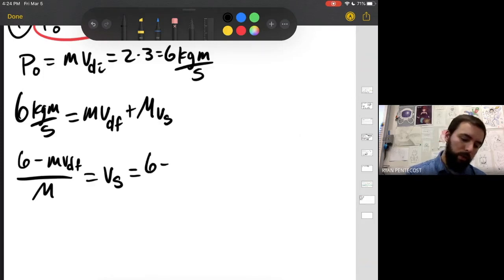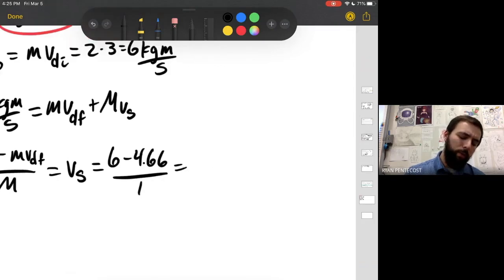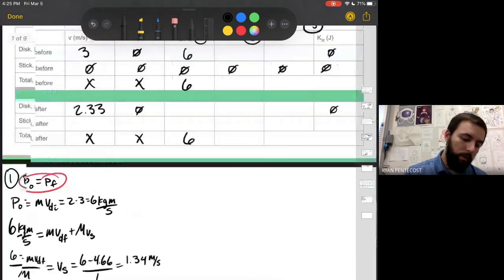So 6 minus 4.66 divided by 1 will give you 1.33. I guess we could say 1.34. So 1.34 meters per second is the velocity of the stick. So that can go right here. Velocity, stick, 1.34.